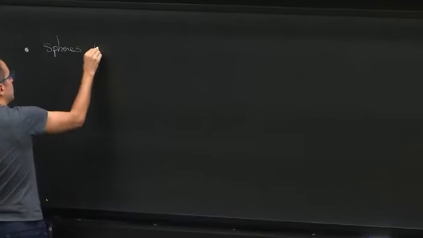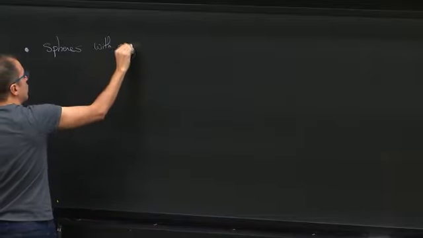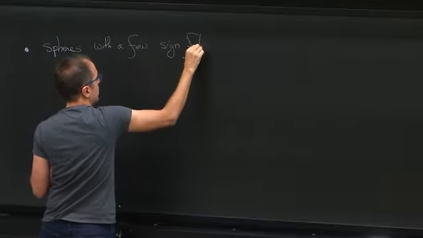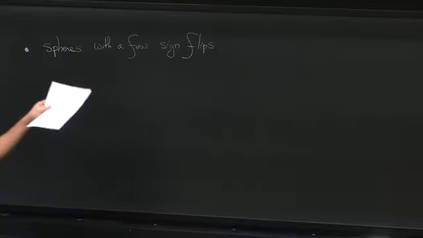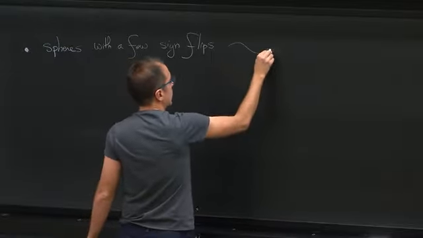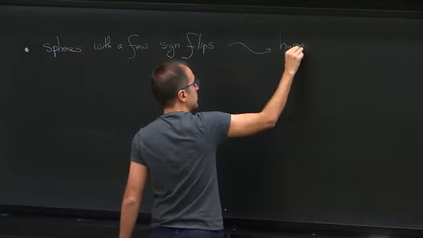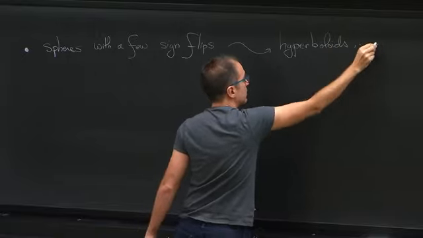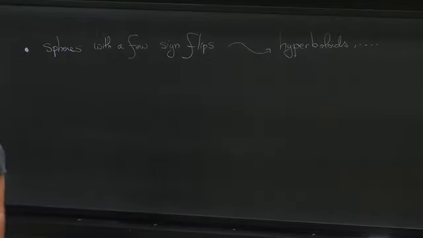But if we take spheres with a few sign flips, that is, we go to the equation for the sphere and we flip a few signs, then we'll start describing other symmetric spaces that are very similar but typically non-compact, and we get hyperboloids and so on. A sphere has all signs plus. If I put some signs minus, then I get some hyperboloids or some parabolas. I start getting other non-compact shapes, but also very symmetric ones. We'll come back to this in a few seconds.